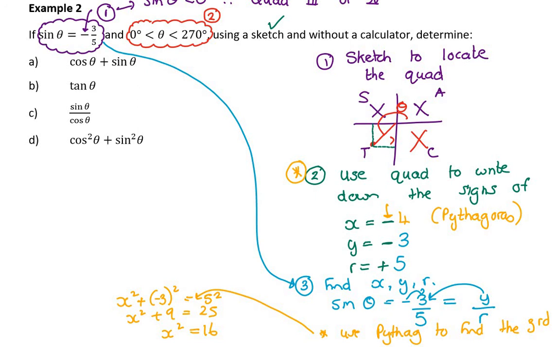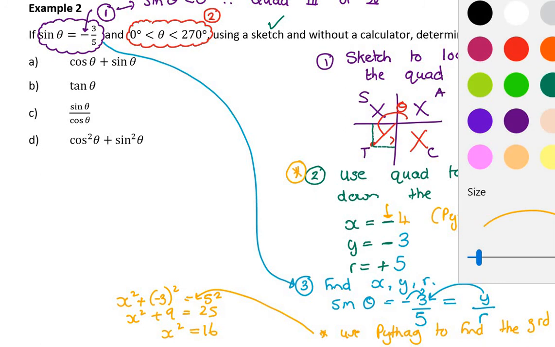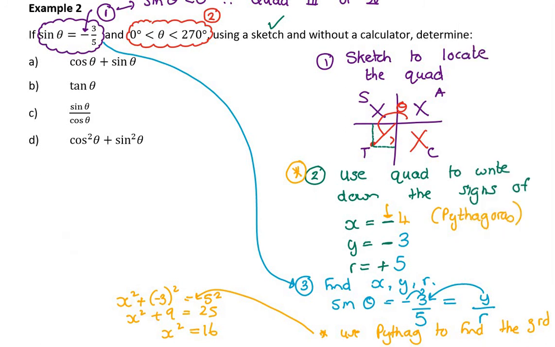So now that I know that, you can do anything. Any of these questions I can do by simply just using my definition. So let's look at A. Question A says, what is cos of theta plus sine of theta? Now because we've practiced one before, I'm going to start cutting corners. I talk this through in my head. I said to myself, okay, well, what is the definition of cos?